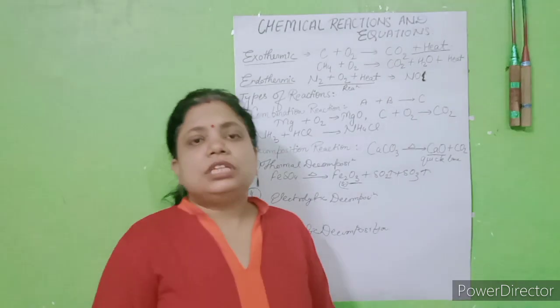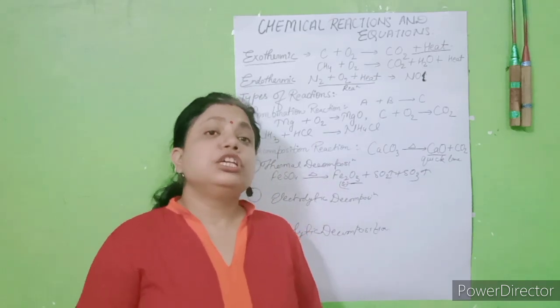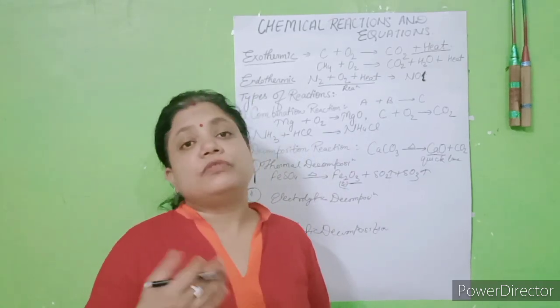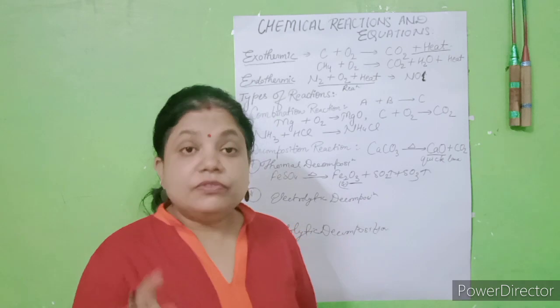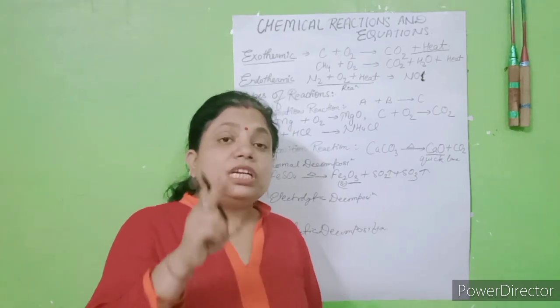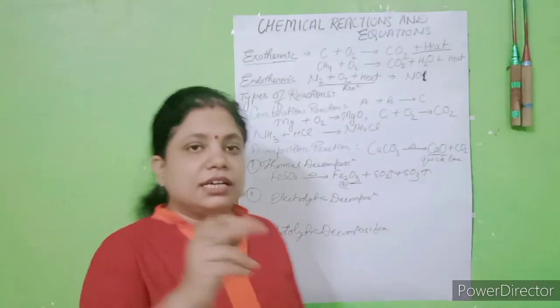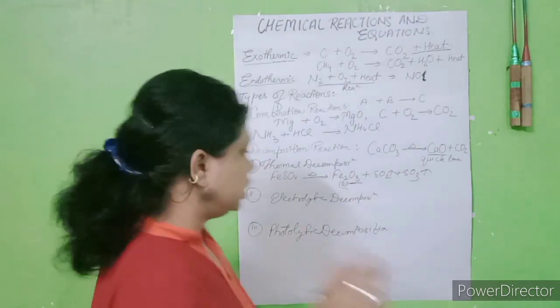Now let's see electrolytic decomposition. Students, electrolytic decomposition are those reactions where we use energy in the form of electric current through the electrolysis process, like electrolysis of water. Let's see.